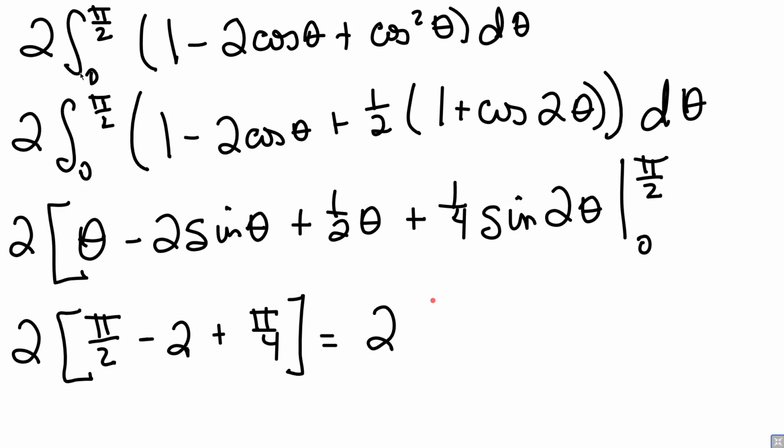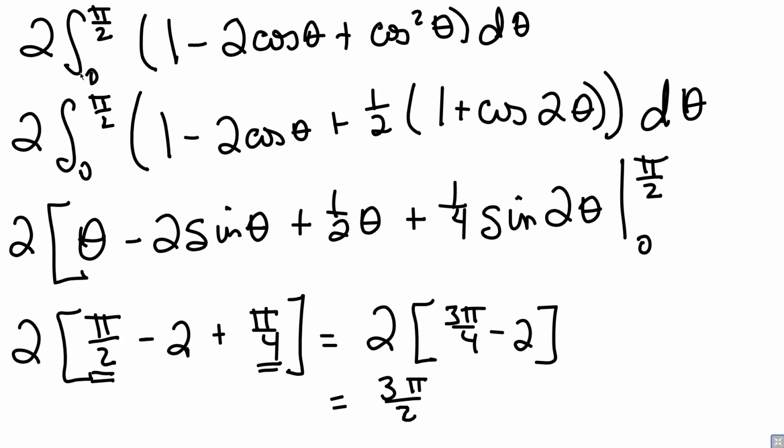So I'm going to have 2 times this, and this plus this gives me 3 pi over 4 minus 2. Distribute, so I get 3 pi over 2 minus 4. That would be my area.